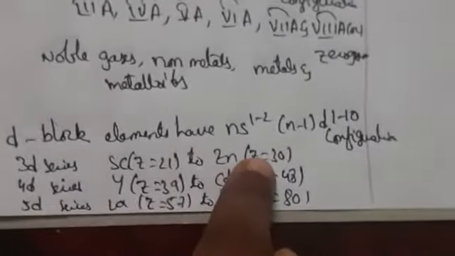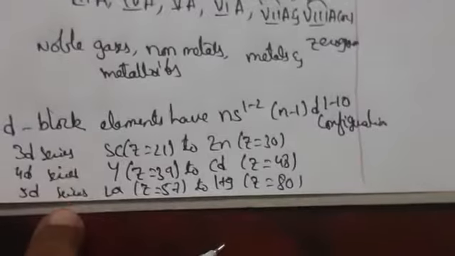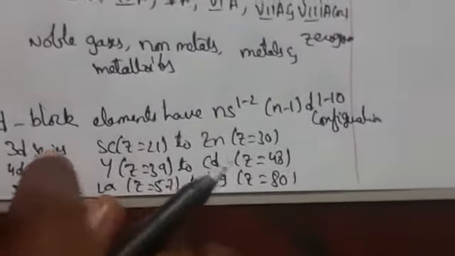Okay, so what does this mean? This D block is divided into 3 series, 3d, 4d, 5d series. Each series in the 4th, 5th, 6th periods has 10 electrons. Coming to the 6th series, it will be an incomplete series.